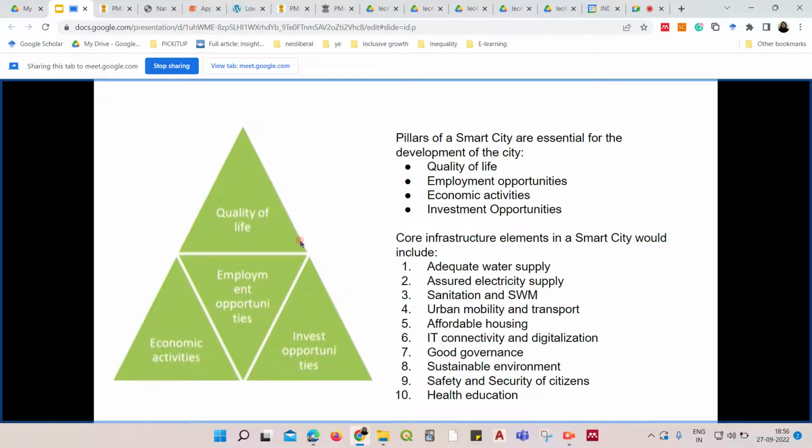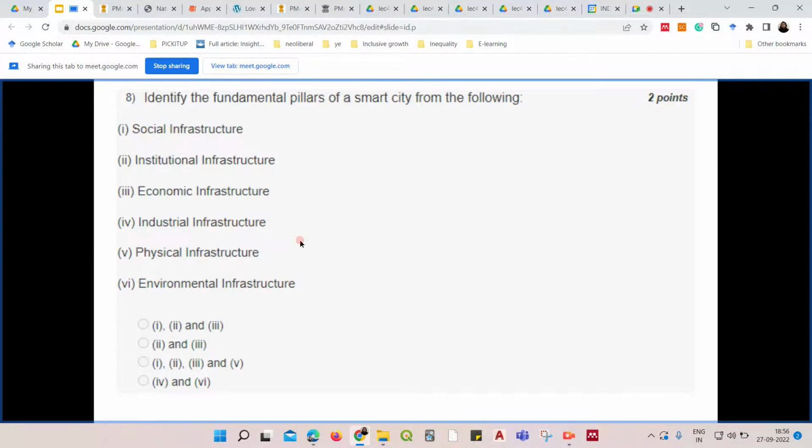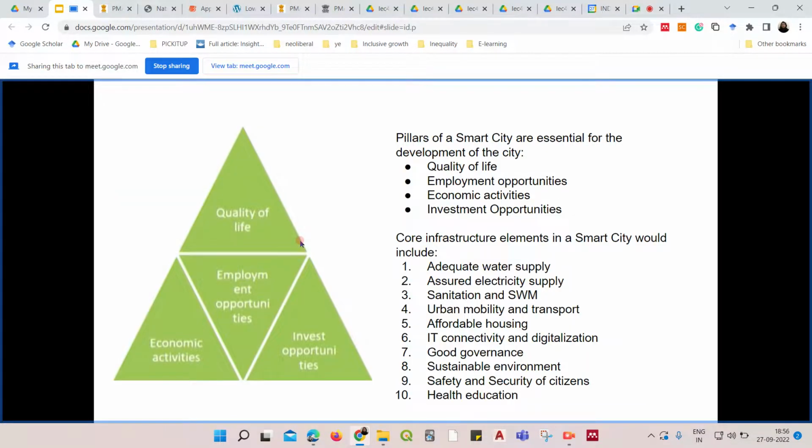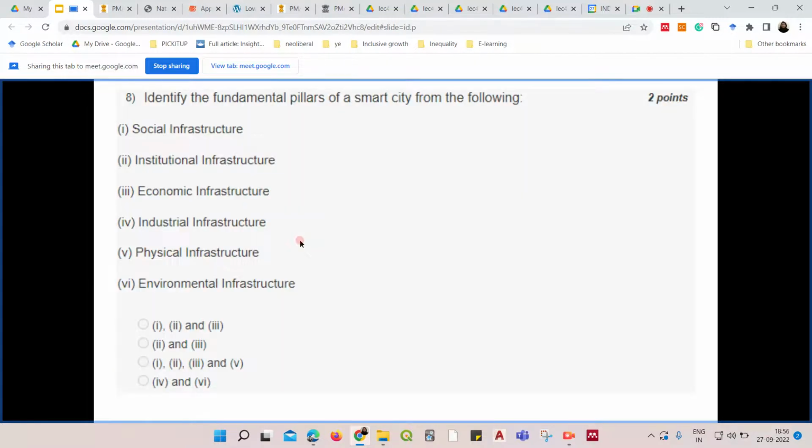So from this also you can see which options from this question qualify as fundamental pillars of a smart city.